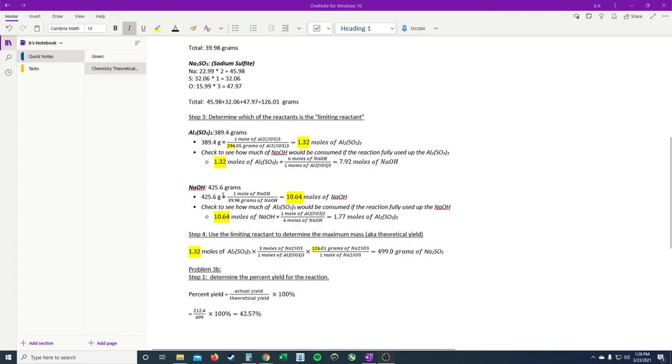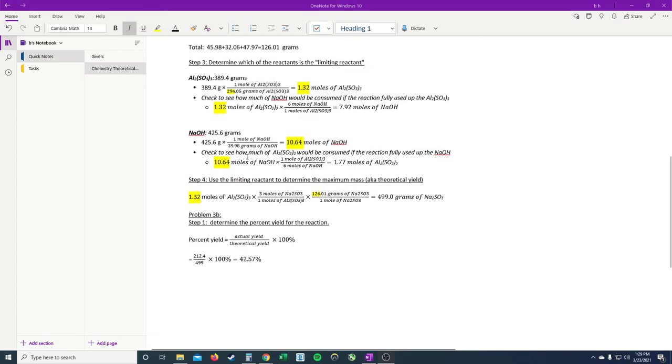You're going to do a similar thing for sodium hydroxide. You're given the mass of sodium hydroxide and you convert that to moles of sodium hydroxide. Once you have your moles, you want to multiply that by the ratio given by the equation. Take careful note of how your ratio is formatted.